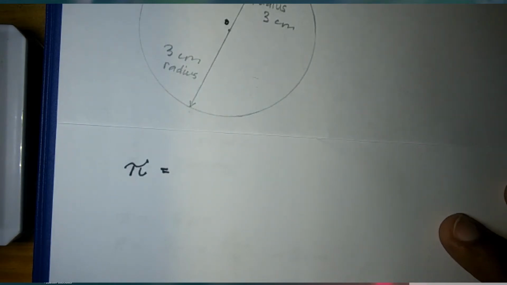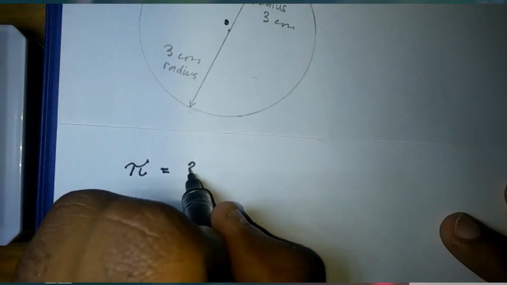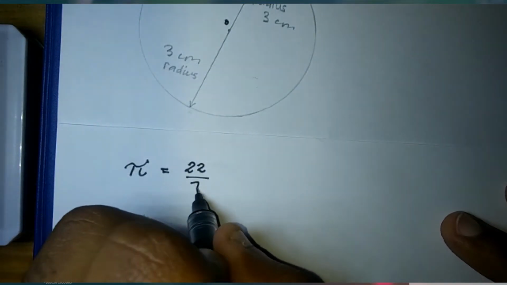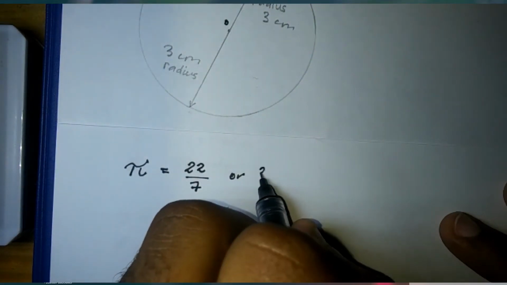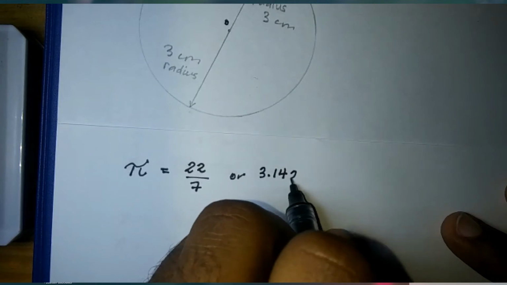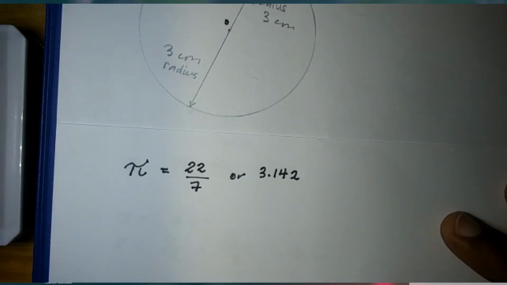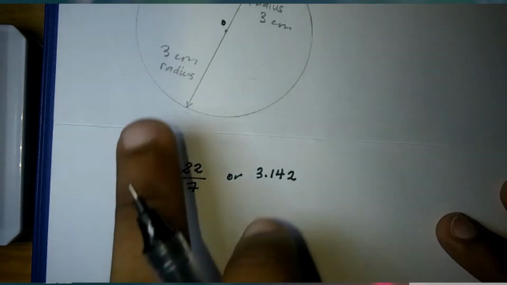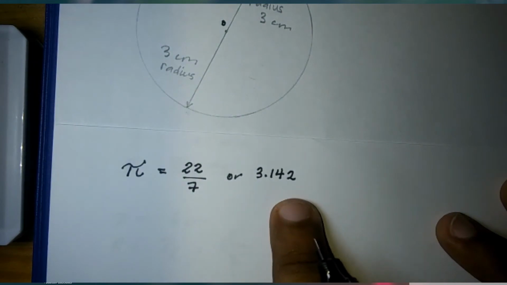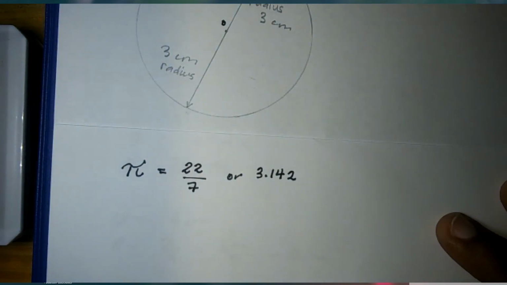In any circle, we usually use the fraction 22/7 or 3.142. So the diameter of 6 centimeters can go around this circle 3.142 times.